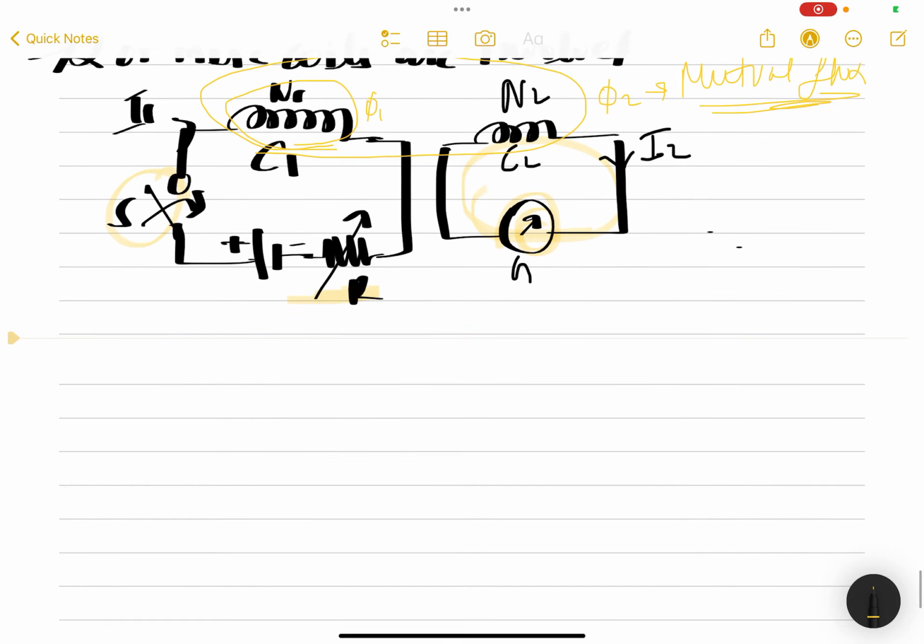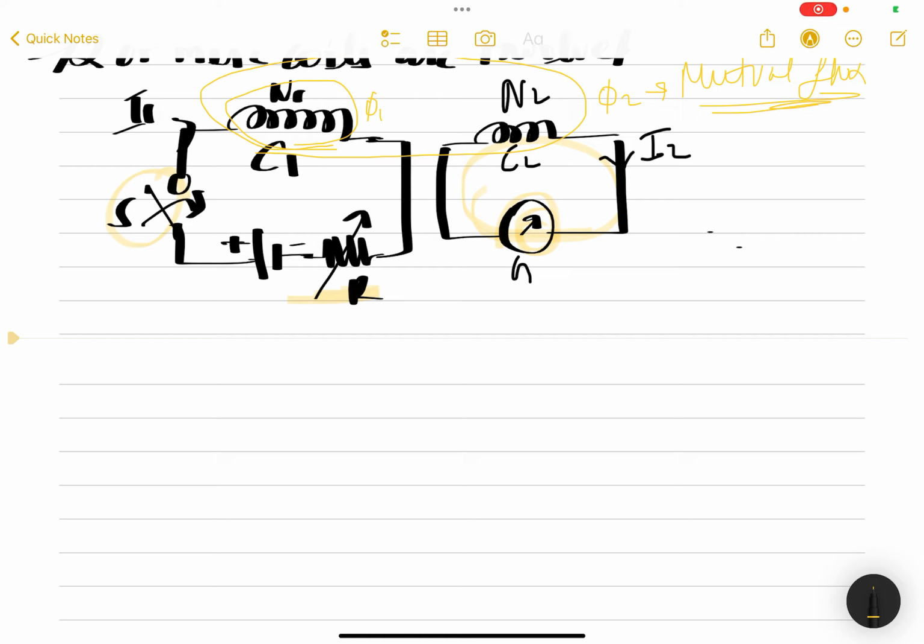Now if we change the current I1 through coil C1 by changing R, phi1 will change, right? The flux will change, since phi1 and I1 are directly proportional. So the more I1, the more flux there will be, right? Now if phi1 changes, automatically phi2 will change, so the mutual flux will be changing. Now according to Faraday's law, there will be an induced EMF in the coil C2, right?